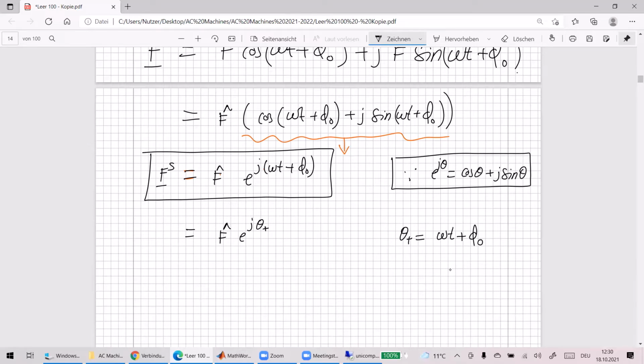Is this also okay? Do you have any question until now? If there is no question, then it's pretty easy to explain further now.